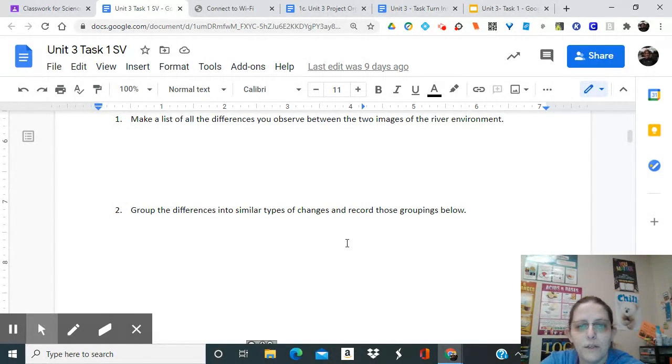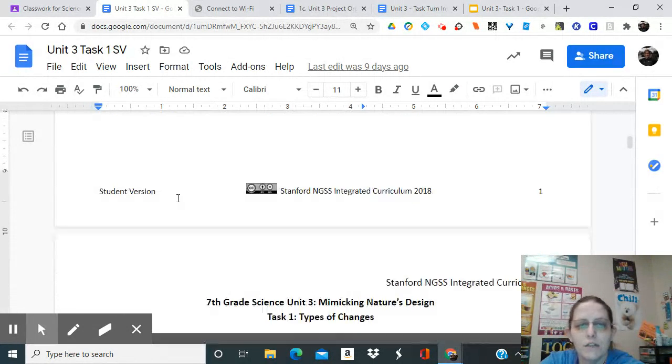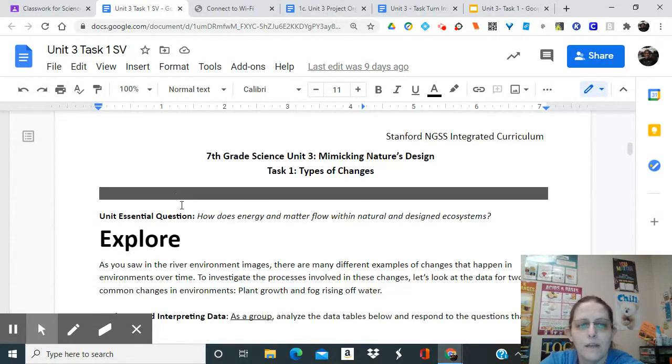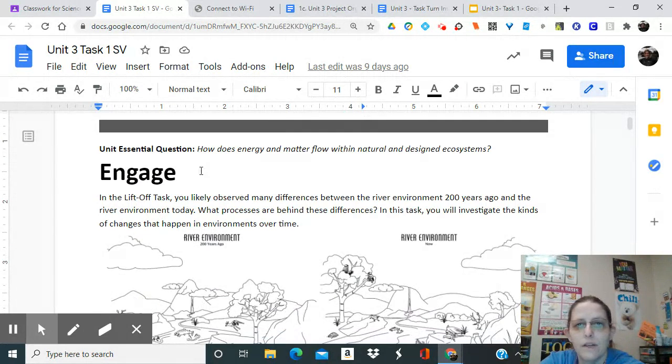You're going to group your differences. So you could do physical changes, something new versus there wasn't there, however you change it. There's no right or wrong on that one. All right, so that's all you have to do for the Engage section of the assignment today.